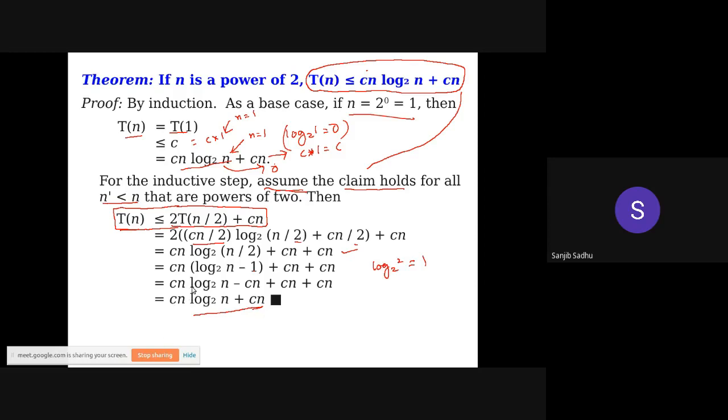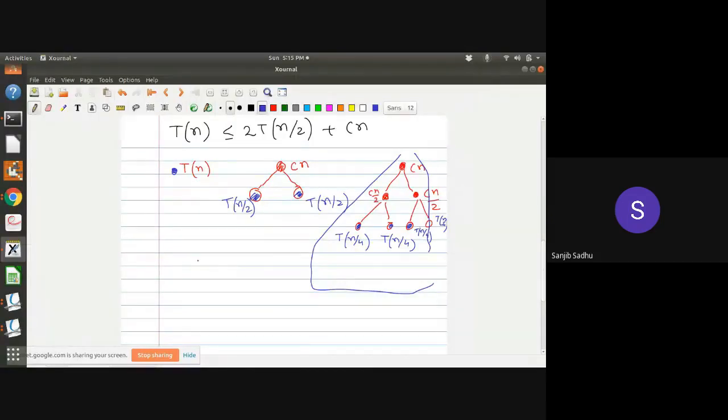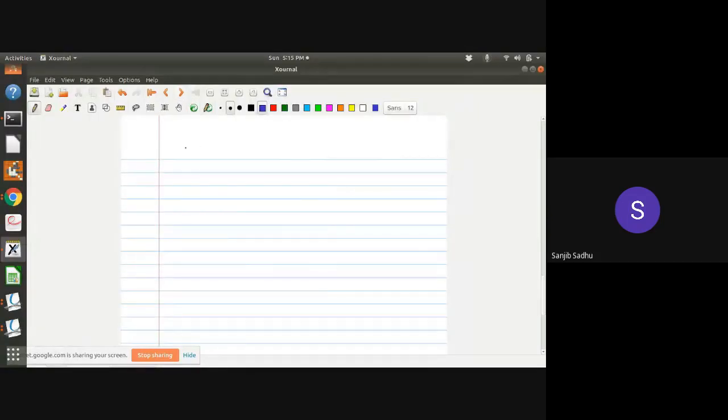Now one thing, see. Therefore, if anybody asks you, if Tn is twice Tn by 2 plus some constant into n, otherwise it is constant, I am not saying if n is greater than 1, what will be the solution here if n is 1?